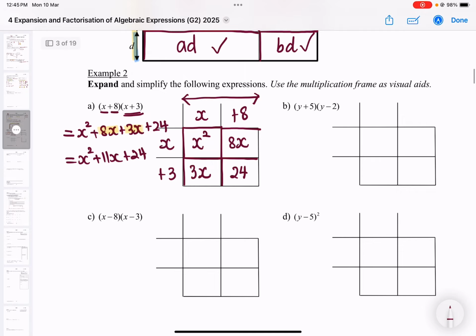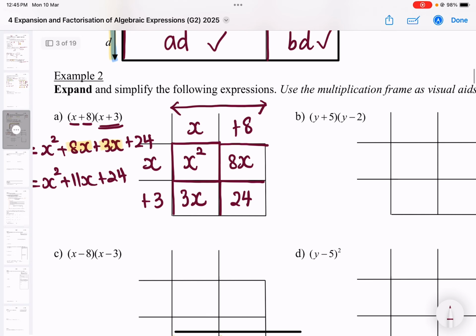So let us take a look at part b. So for part b, if I don't use this multiplication frame, what it means is basically each of the terms in this bracket must multiply with the terms in the second bracket. So let's do this first. y times y, so that gives us y squared. y times negative 2, so that gives us negative 2y.